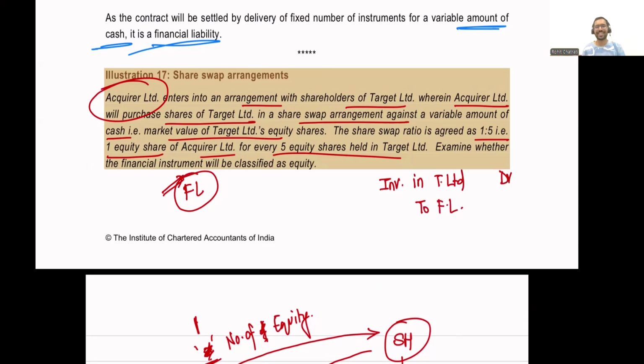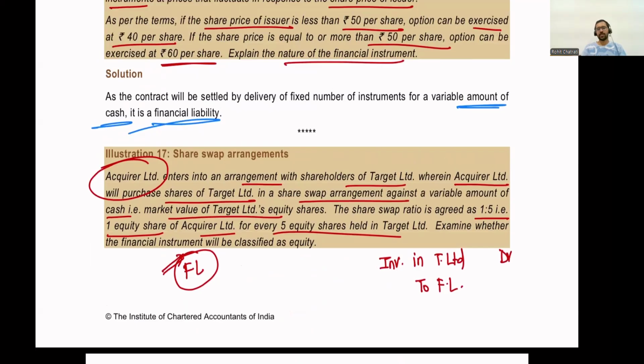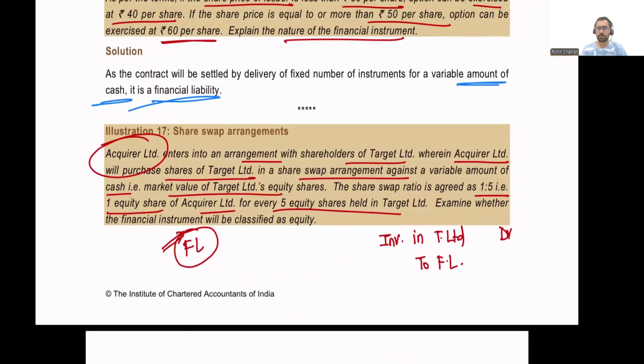I will not credit equity. And at the end of the third month, when the shares are being issued, the financial liability will be de-recognized and equity will be recognized. So with that, we're done with illustration number 17.